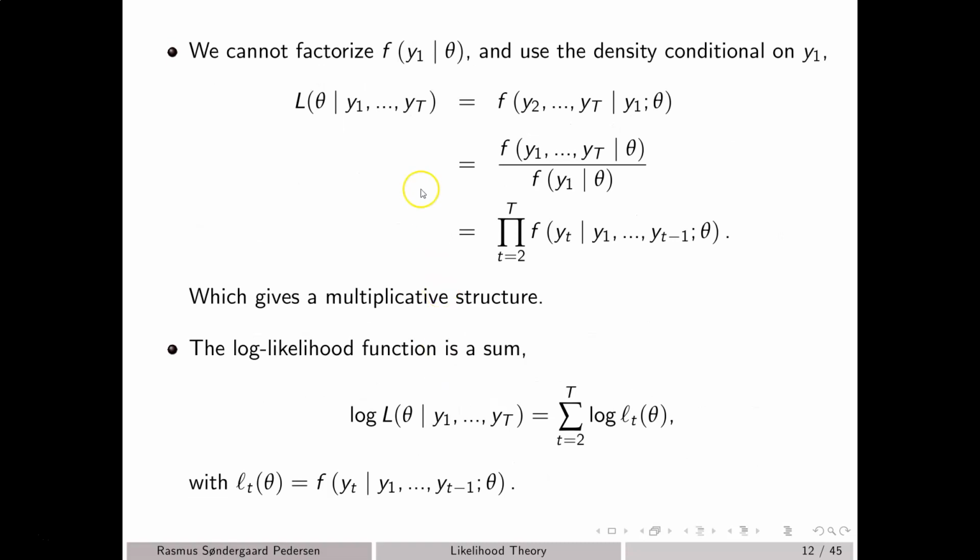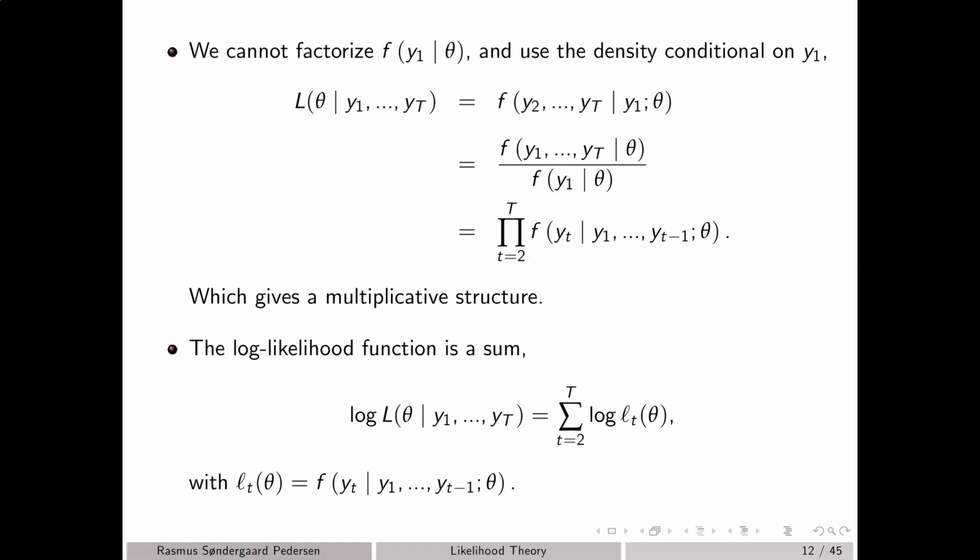So what we can do is write down the likelihood function as the joint density of the observations from time 2 until time capital T, given our initial observation y1. By definition, this is simply the product of the conditional densities from time 2 up to time capital T. So very convenient.